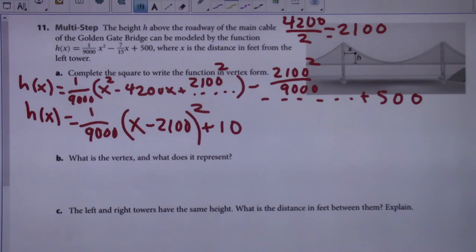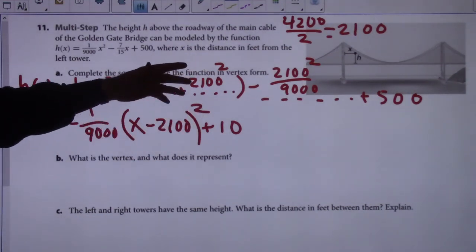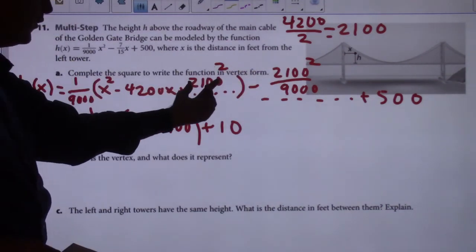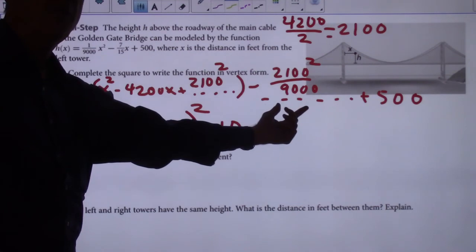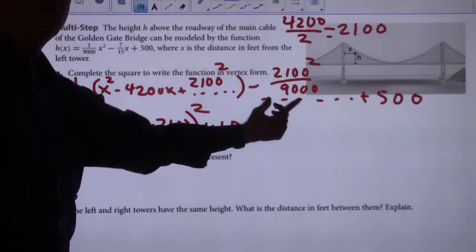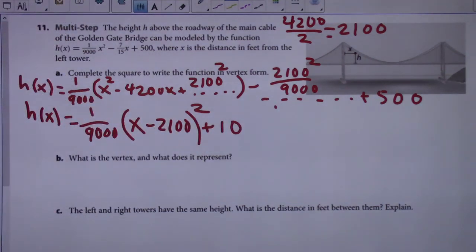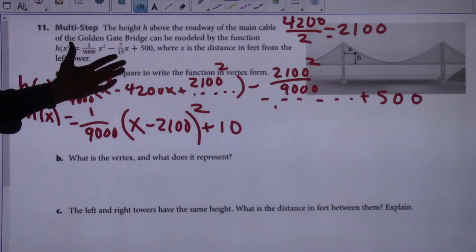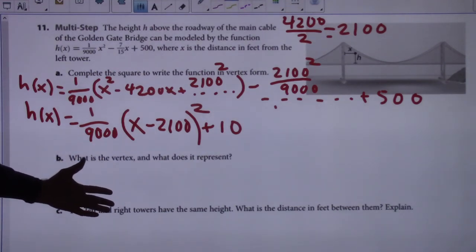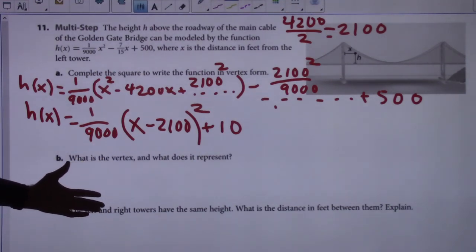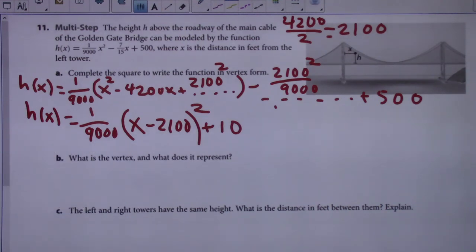Where did 490 come from? 2,100 squared over 9,000. That's where the 490 came from. It's the same thing that Aurora was doing earlier on problems 9 and 10. Then somebody can come up here and finish parts B and C. Kelly, where do you see 490?